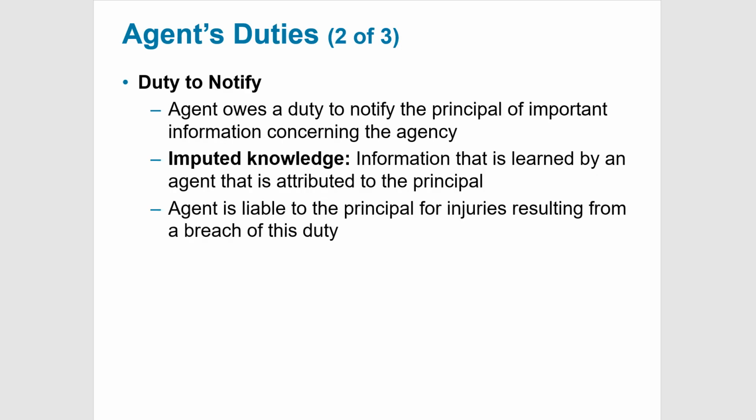They also have the duty to notify if they learn information in the course of their performance that the principal really should know. They have a duty to tell the principal that information. Imputed knowledge, we're getting a vocabulary term here, is information that is learned by an agent that is attributed to the principal.